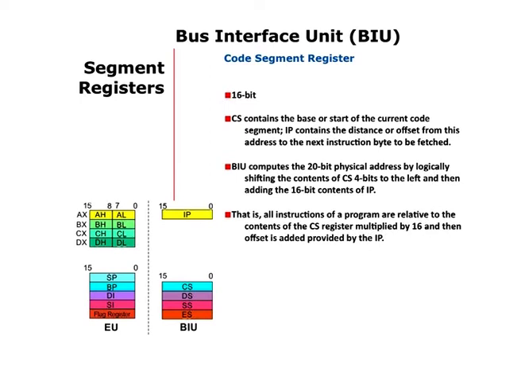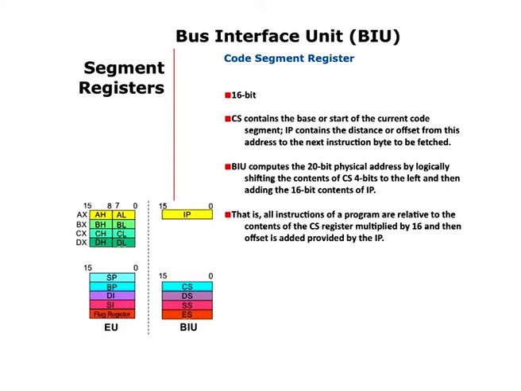In other words, the 20-bit address is calculated with the help of two 16-bit registers, one is the segment register and another is the offset register. That is, all instructions of the program are relative to the contents of the CS register multiplied by 16 and then the offset is added, provided by the IP.